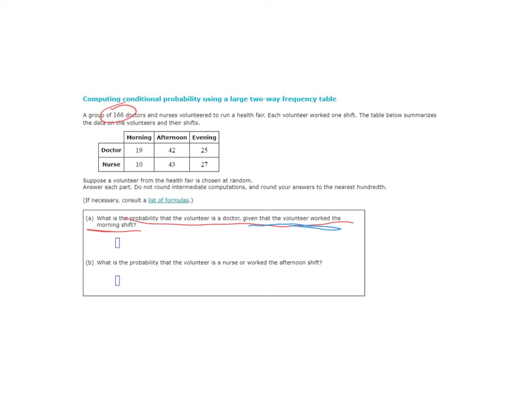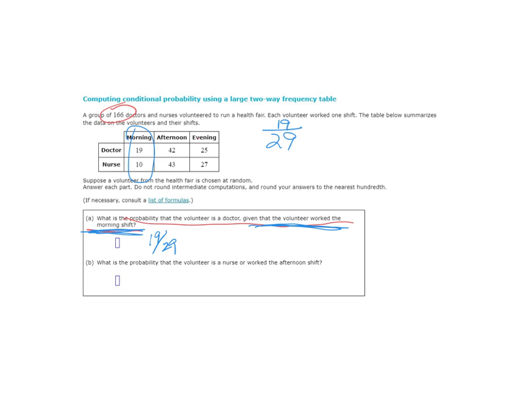Given that the volunteer worked the morning shift, that tells you where to look. Here's everybody that worked the morning shift. There are only 29 people that worked the morning shift, okay? Out of those 29 people, 19 of them are doctors. So the probability that a doctor worked the morning shift would be 19 out of 29.